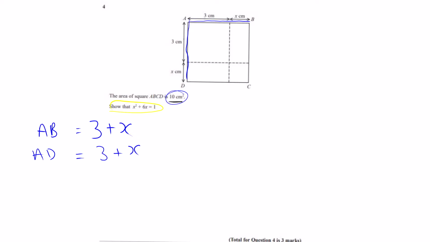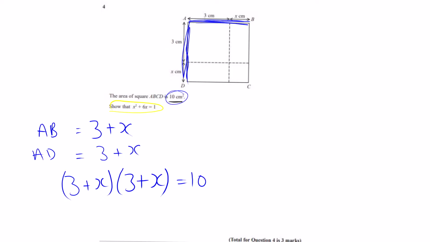So that tells us that the area of the square, which is the base times the height, is going to be 3 plus x times 3 plus x. And we've been told that that is equal to 10.